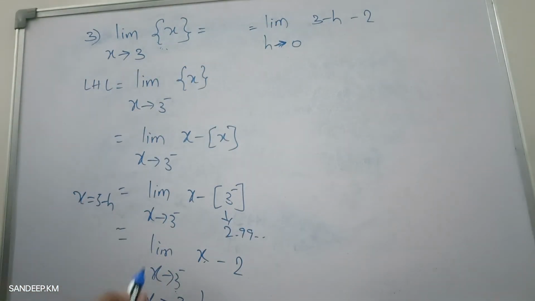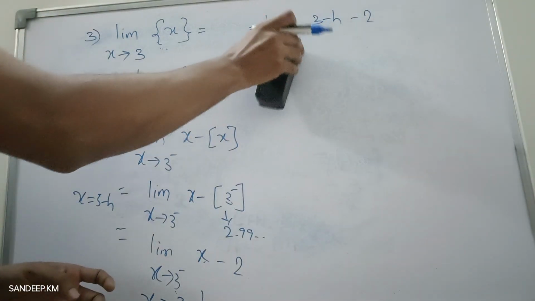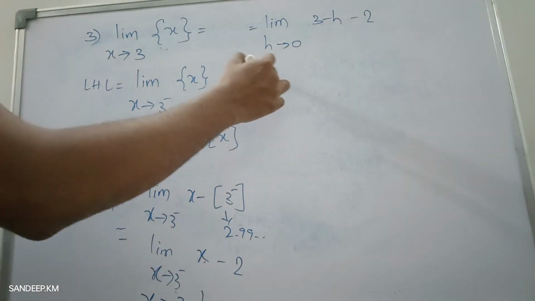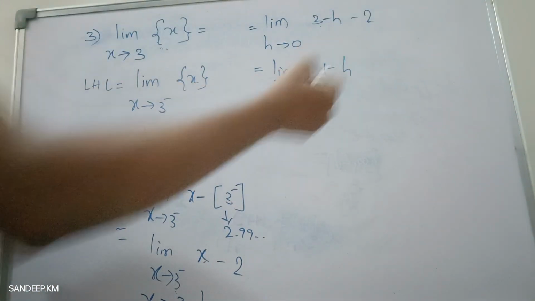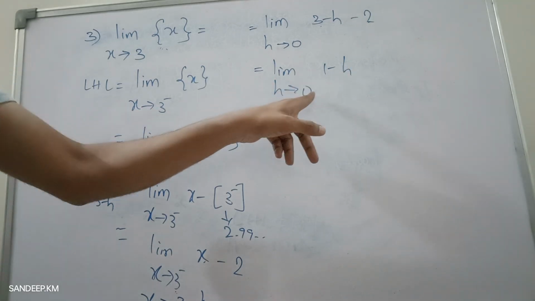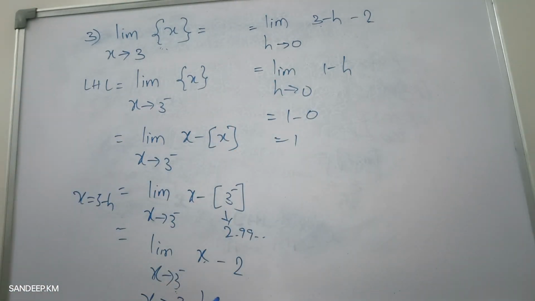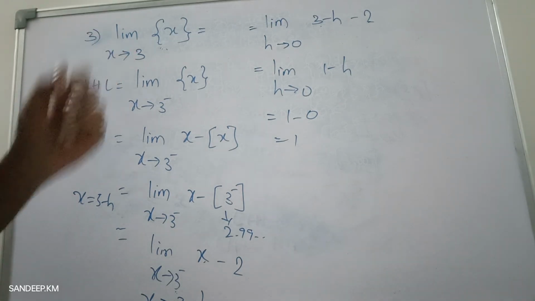Instead of x approaching 3, I will take h approaching 0. So limit h approaches 0 of 3 minus 2, which is 1 minus h. Now you can substitute h as 0, and you will get 1. So the left hand limit of this particular function is equal to 1.